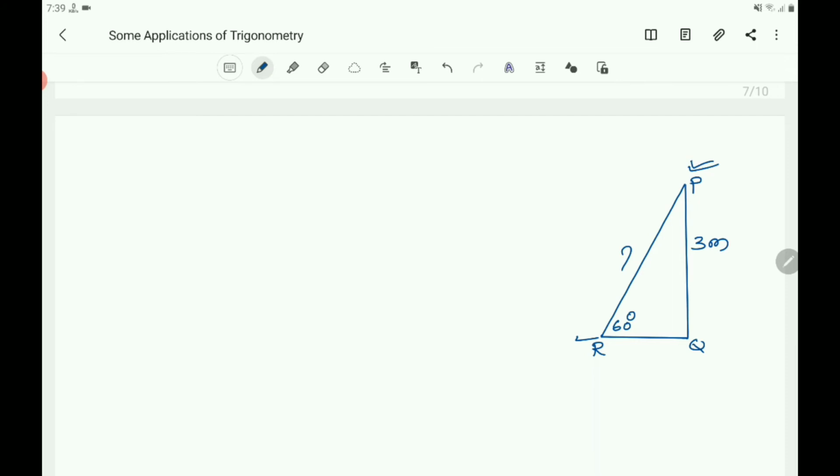So here we have to find the hypotenuse PR. Again you can use the same idea, sin theta equals opposite side by hypotenuse, and here the angle is 60 degree. Sin 60 you must use.